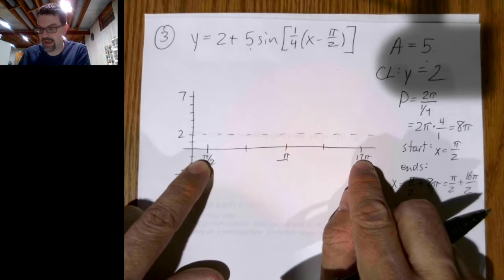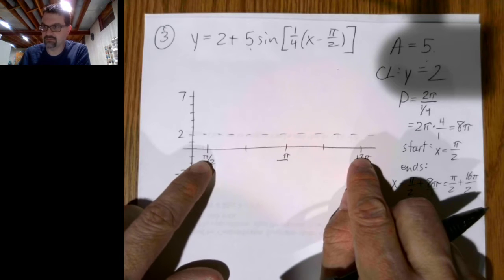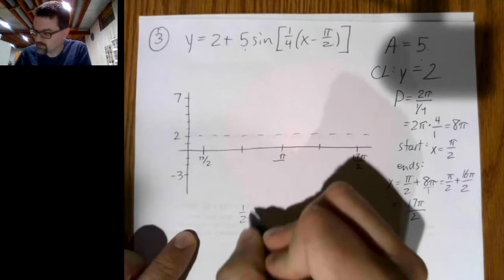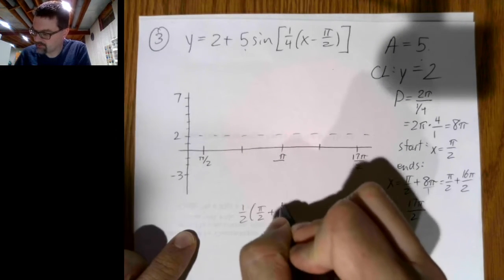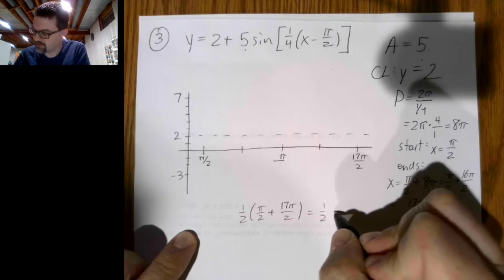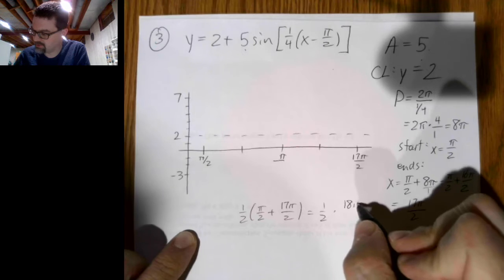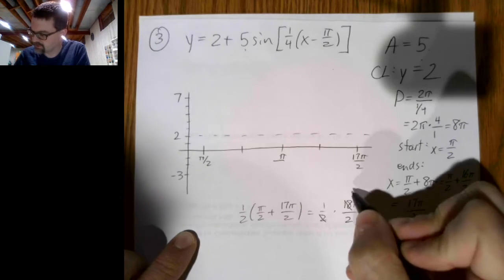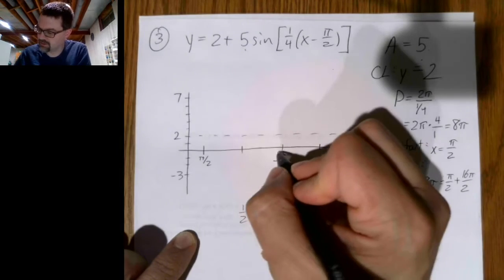Alright, well, if you add 1 to 17, you get 18. You chop it in half, you get 9. So is this going to be 9 pi over 2? Well, yes, it is. 1/2 of pi over 2 plus 17 pi over 2 is 1/2 of, add them up, 18 total pi's over 2. This just cancels that 2, and we get a 9, and sure enough, 9 pi over 2.